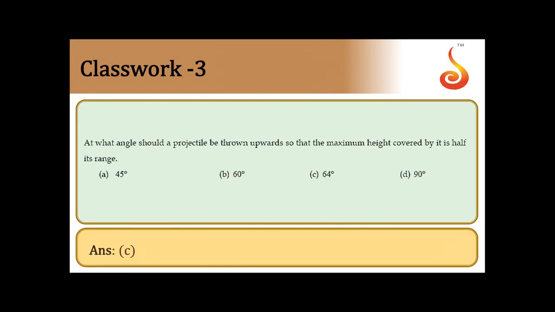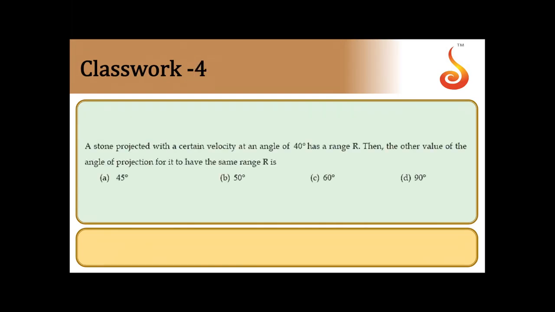Okay, we shall move on to next one. A stone projected with a certain velocity at an angle of 40 degree has a range r. Then the other value of the angle of projection for it to have same range is. See, in order to have same range, one angle if it is theta, then other angle should be 90 minus theta. So for complementary angles of projection, range will be same.